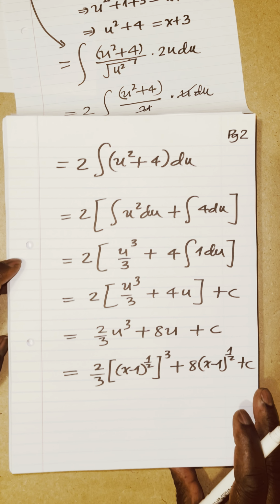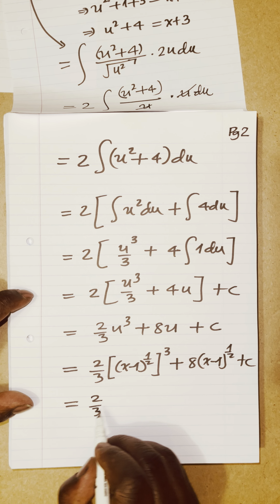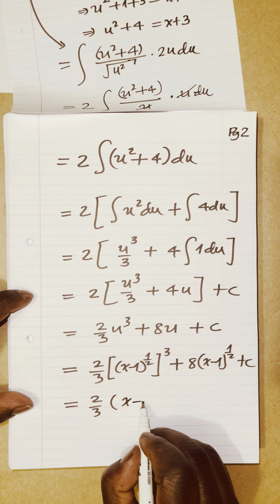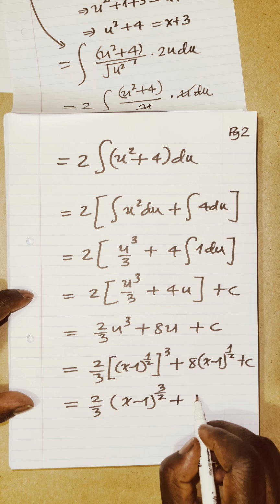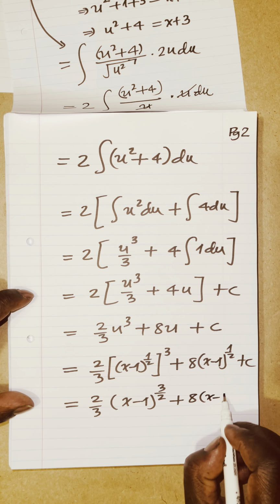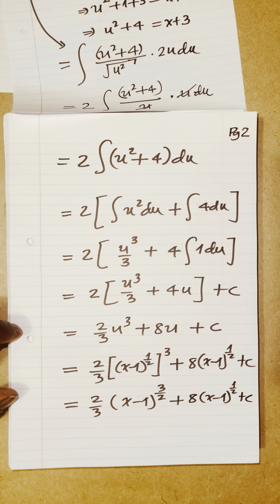You can simplify this to 2/3 of x minus 1 to the power 3 over 2 plus 8 x minus 1 power half plus c. You can rewrite this as follows.